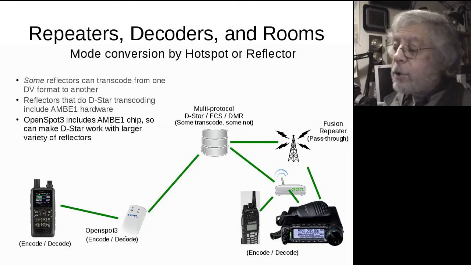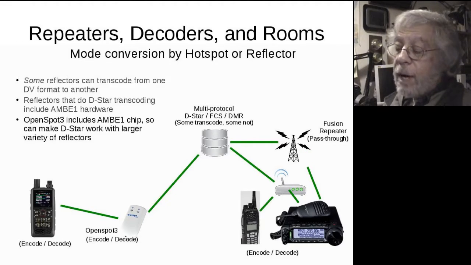There is, however, an alternative, which is to get a hotspot that has the chip in it. There is one on the market right now. It's the OpenSpot 3. It has the AMBE encoder chip in it, so that my transmission can go from my radio to my hotspot, get decoded, get re-encoded, and then shoveled off to the same rooms and off to the ASU system over on this side.